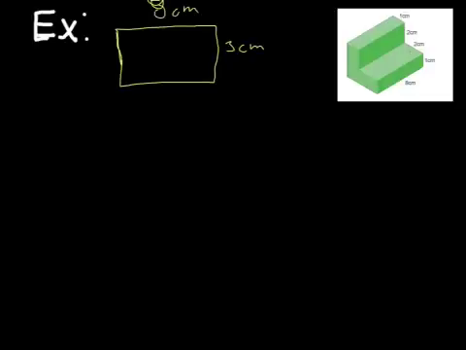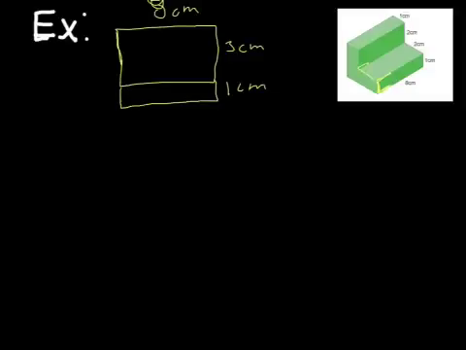So next I'm going to go to the front, this lower front rectangle here, and draw that. So we have a rectangle here, and we know that its height is 1 centimeter.